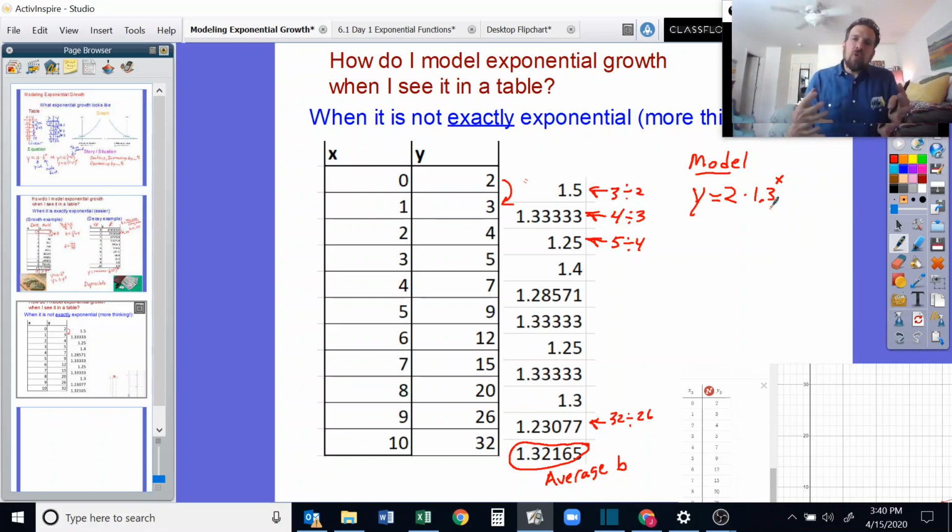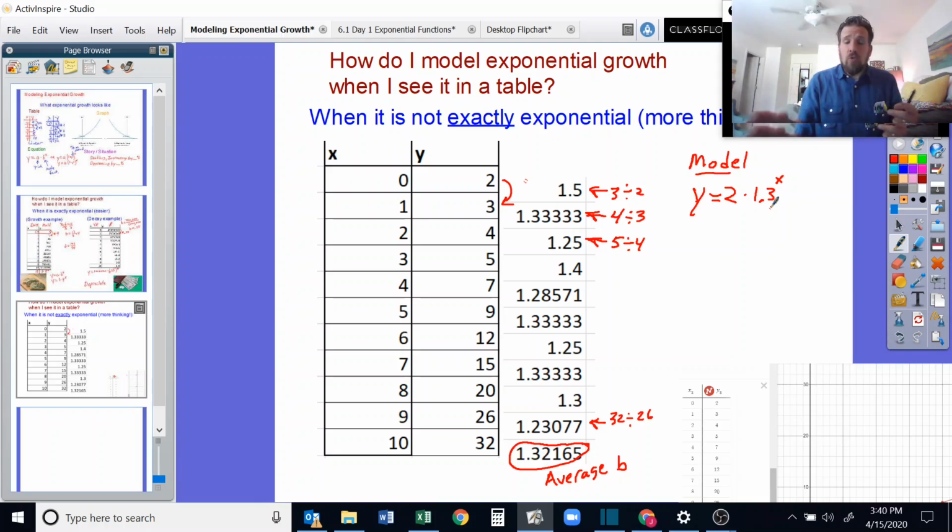We can't say for sure that the actual data is going to match that perfectly. But what we can say is this is the best model that we have to get us a close prediction. And that's the value of what models really do for us.